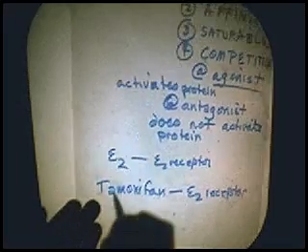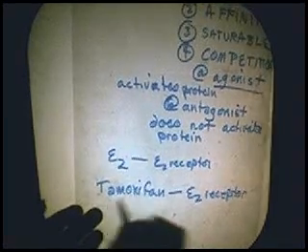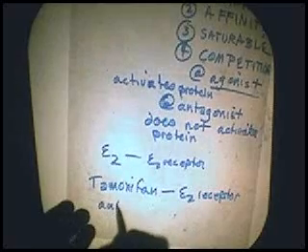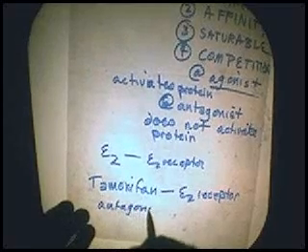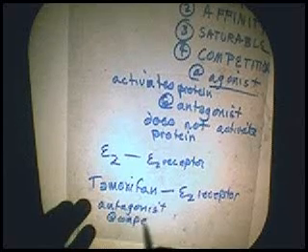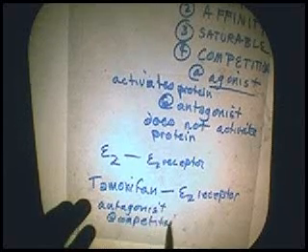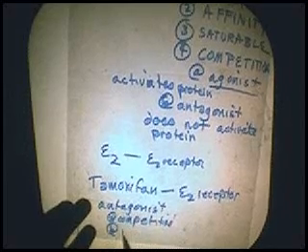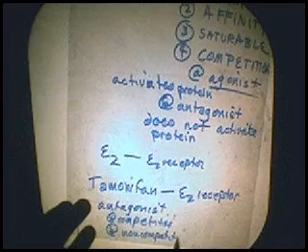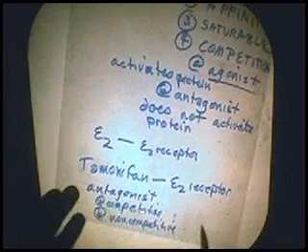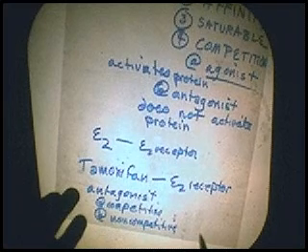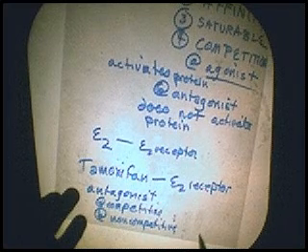So, two kinds of competition, or two kinds of antagonists. Antagonists can be competitive, like tamoxifen, or they can be non-competitive, which means that instead of binding the binding site, they bind something else on the receptor, which changes the shape of the receptor.